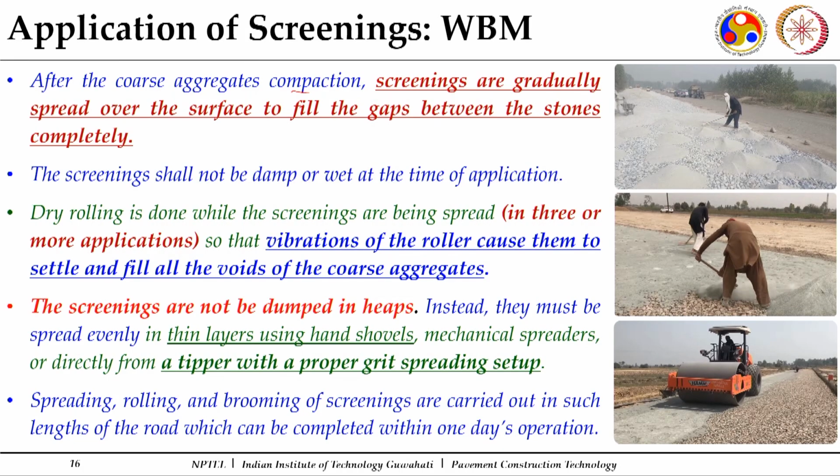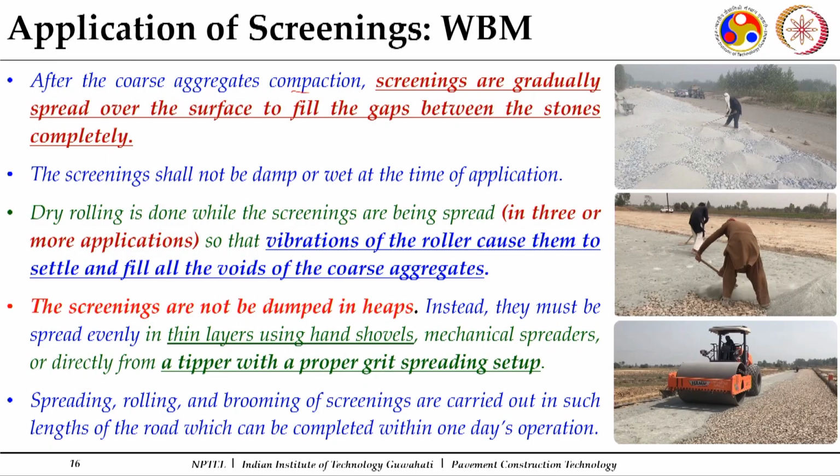As per the codal specifications and project documents, that has to be picked up. If some contradiction is found, then the engineer in charge should be taken into confidence to decide which one to pick, based on experience and the one which gives good performance. Screenings are spread to fill the gaps between the stones completely.